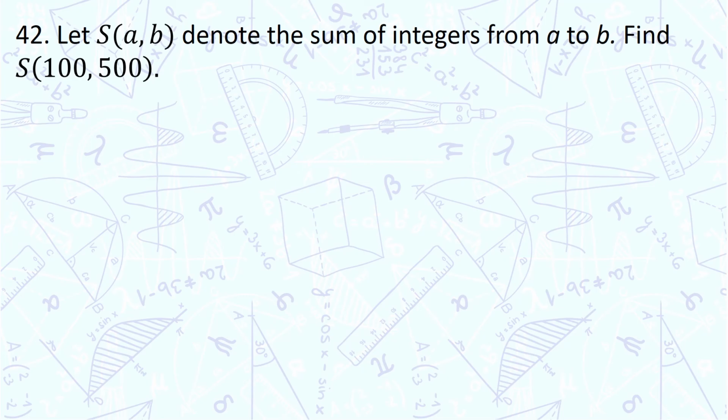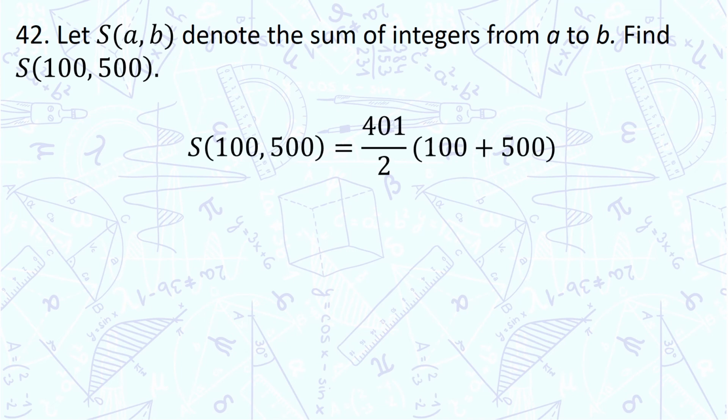42. Let S of AB denote the sum of integers from A to B. Find S of 100, 500. We use the sum of consecutive integers, that is n over 2 times the quantity first term plus last term.